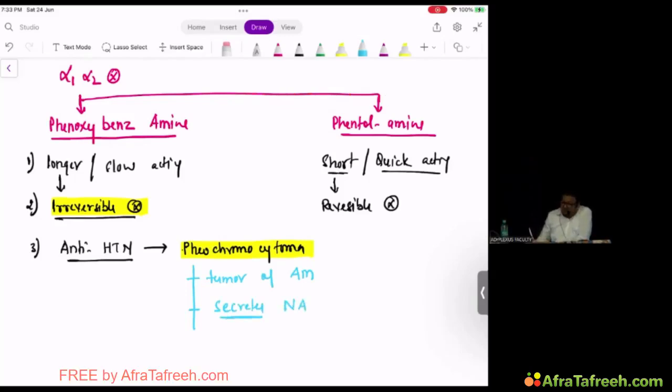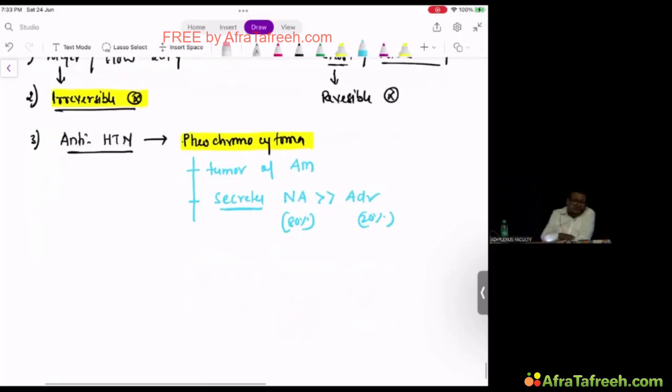It secretes noradrenaline or adrenaline, both of them. 80% of tumors secrete noradrenaline, and 20% secrete adrenaline. So most of the tumors are noradrenaline secreting tumors.